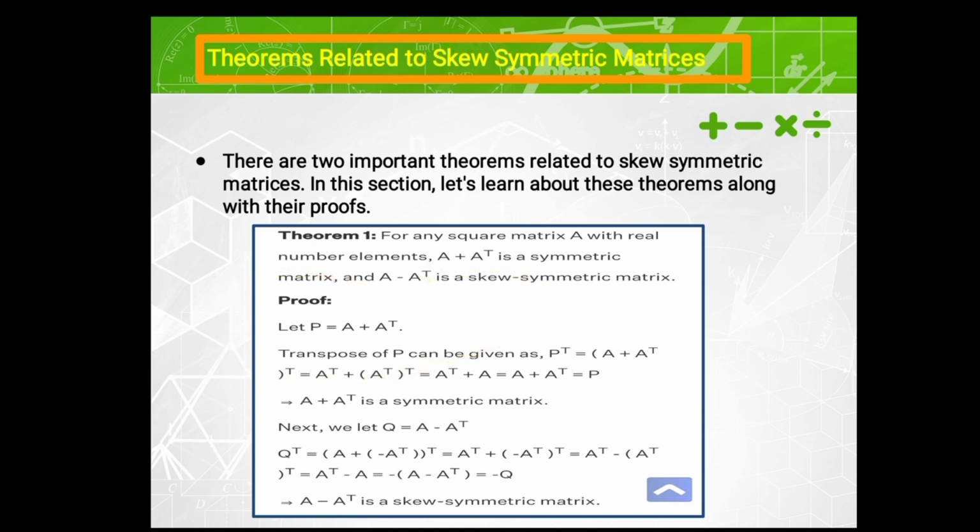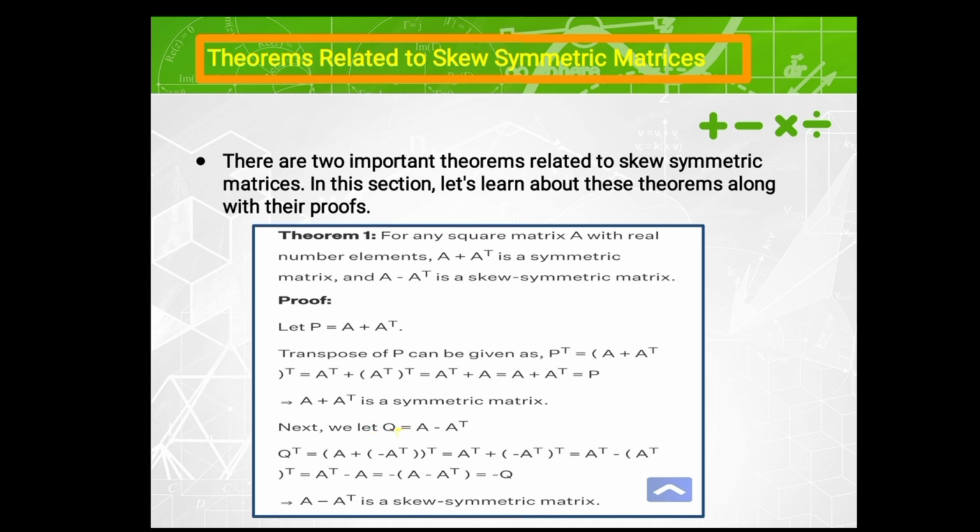Let us take P is equal to A plus A transpose. The transpose of P can be given as P transpose is equal to (A plus A transpose) whole transpose. See, if we take the whole transpose of P, it becomes the transpose of A plus the transpose of A transpose. Then it becomes A transpose plus (A transpose) whole transpose.